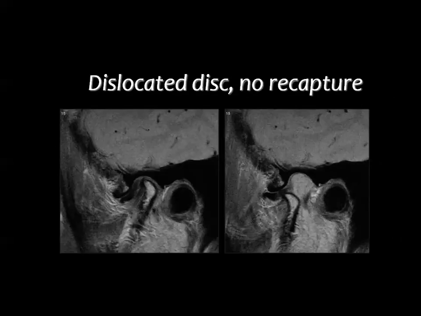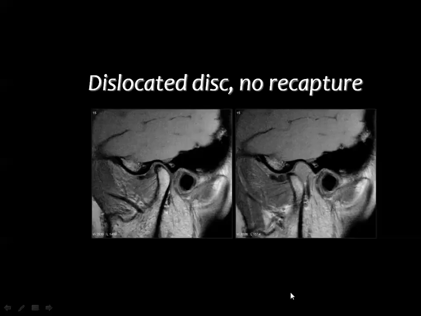But look at this case where the articular disc is displaced anteriorly, as you can see here. And after opening the mouth, the disc remains at its anterior position and is not achieving its normal rotation. Then here, this is anterior displacement with no recapture during the open mouth.